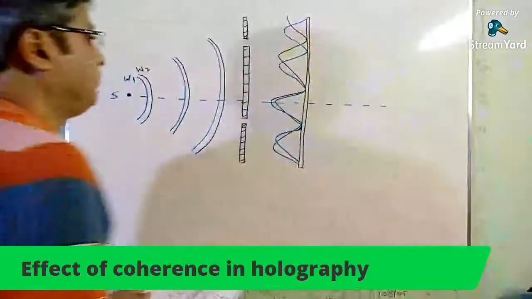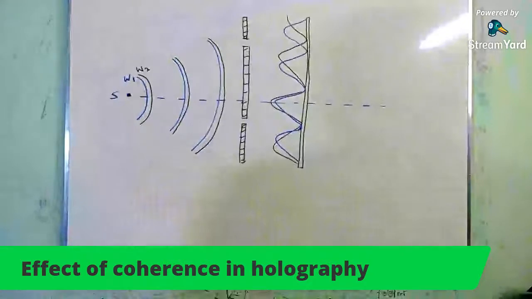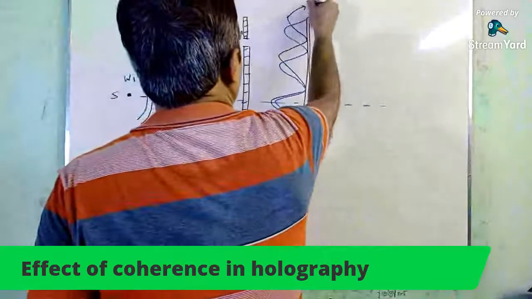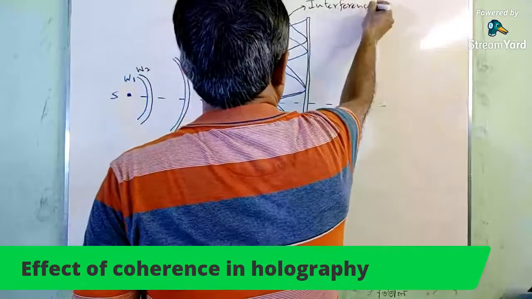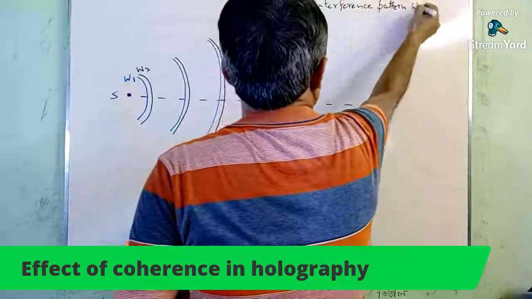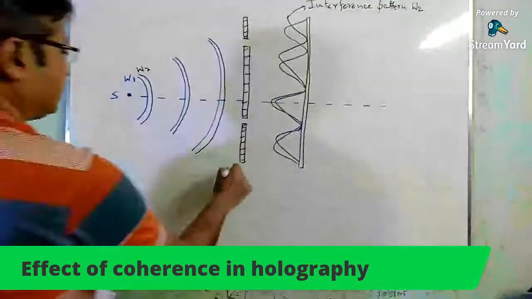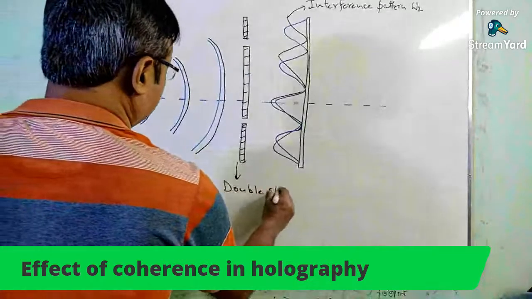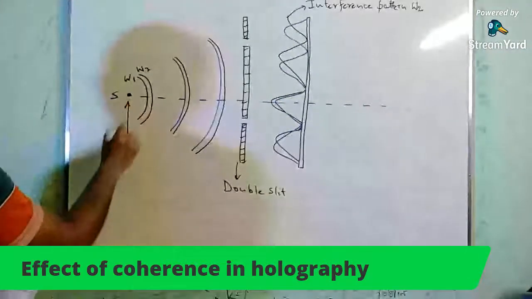So here you can find these are the two waves. One is W1. So this is the interference pattern for W2, which I have drawn with the black pen. This is the double slit. This is the point source.